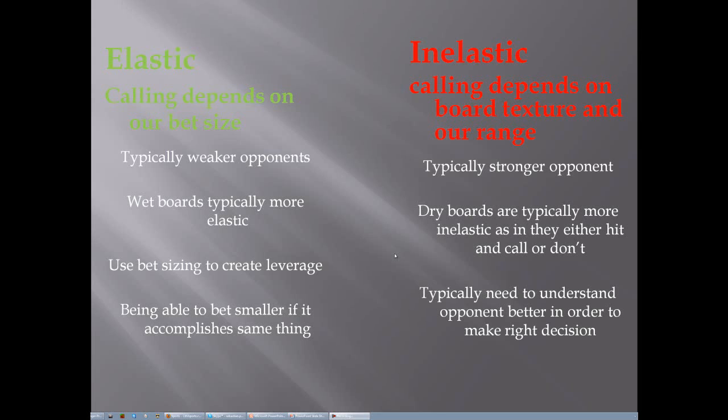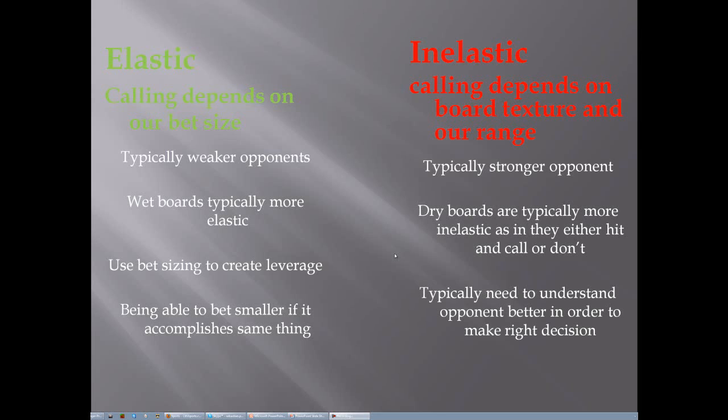The reason being is we know that this opponent is calling everything on the flop. So by betting big on the flop, we get maximum value from the worst part of their range. If they have any piece, they're calling, so we get maximum value from that. And if they don't have anything, they're folding anyway. On the turn, again, we know that this particular villain is folding with everything but top pair.